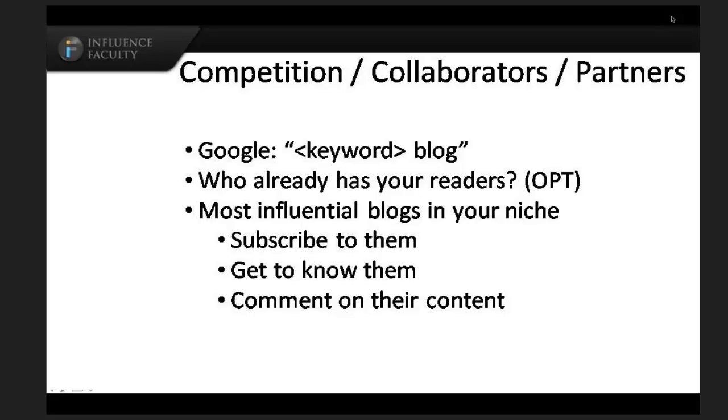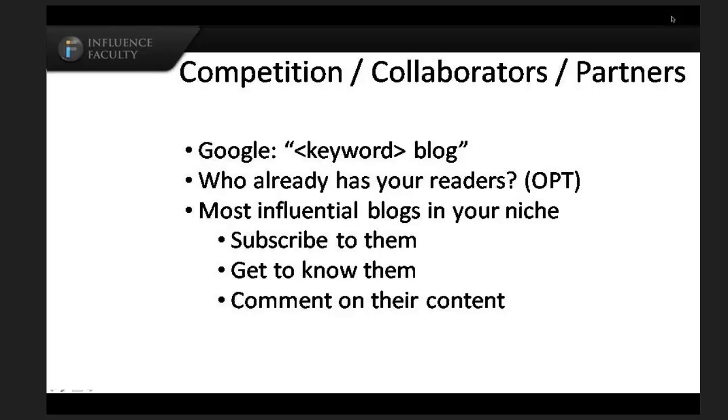Once you've identified these blogs, you've then identified the people who already have your readers. And this is really important. You can see the bracket there I've got OPT, which stands for other people's traffic. If you're starting out from scratch and you've got no traffic, then one of the best ways to get traffic is to go somewhere where those people already are. And they are with your competition, which is why you then want them to become collaborators.